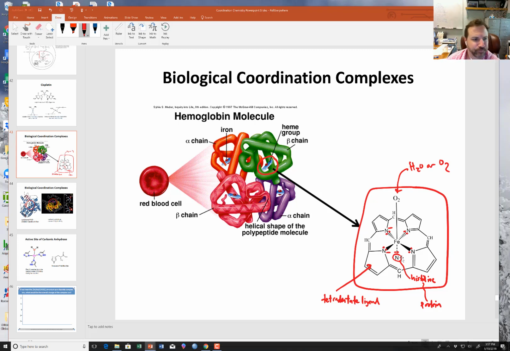All right, so when oxygen or water is bound to the iron, we then have an overall coordination number of 6.